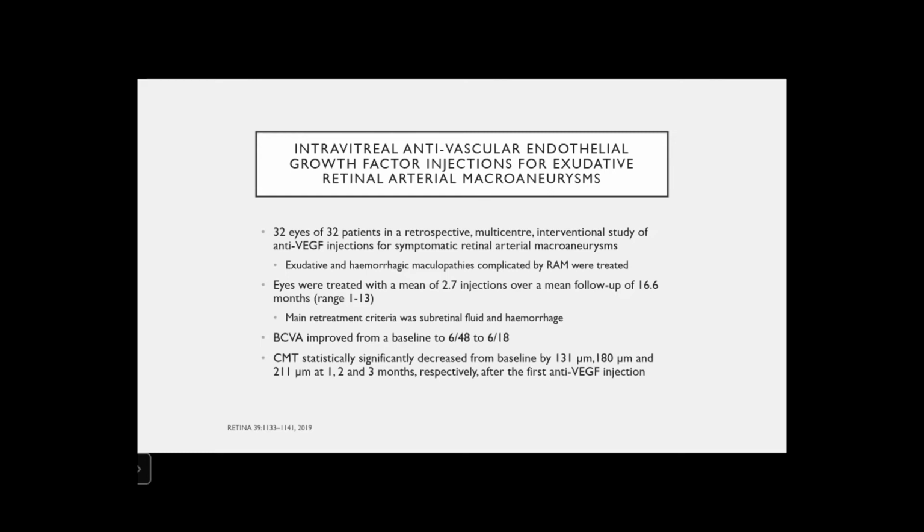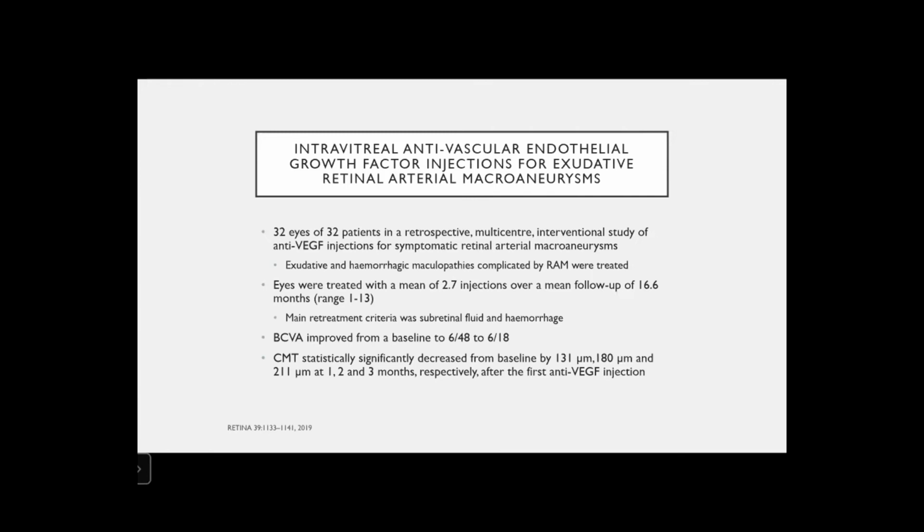All these patients were treated with anti-VEGF, and it seemed they were treated on a PRN approach. Eyes were treated with an average of 2.7 injections over a mean follow-up of 16 months, with a range between 1 and up to 13 injections over that period of observation.